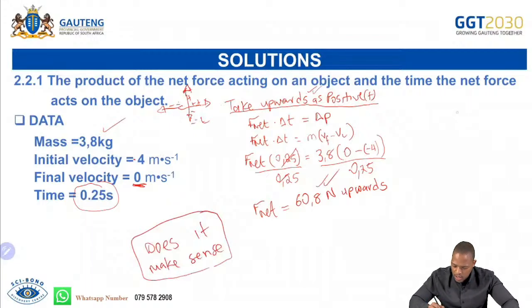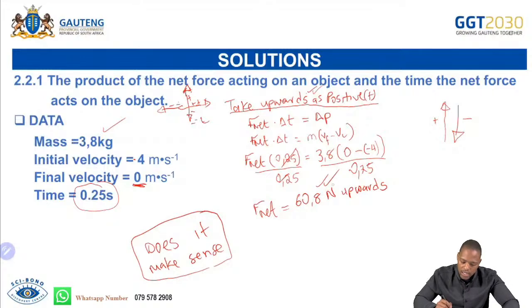So as the cat is going down, it exerts a negative force. Then when it hits the ground, the ground will simultaneously exert an oppositely directed force of equal magnitude on the cat. According to Newton's third law, that force must be positive. It is very, very important that we ask ourselves that question: does it make sense?